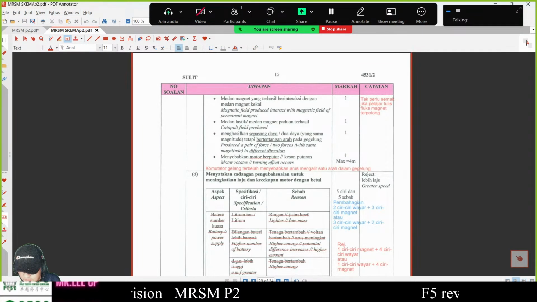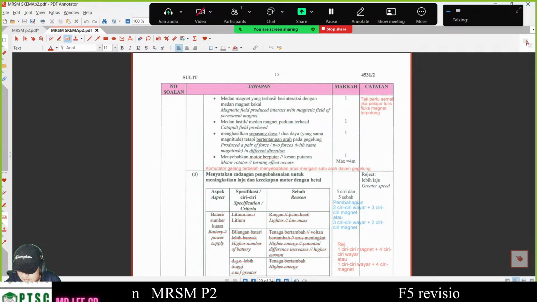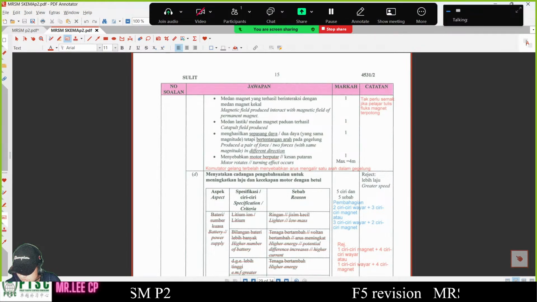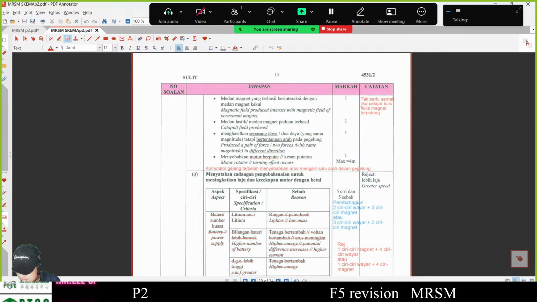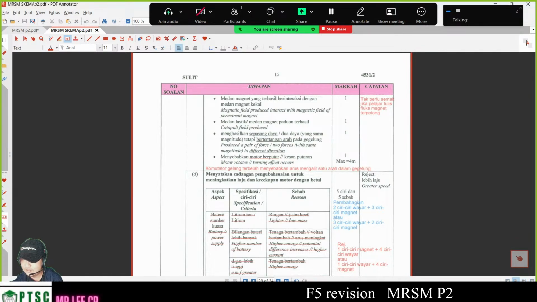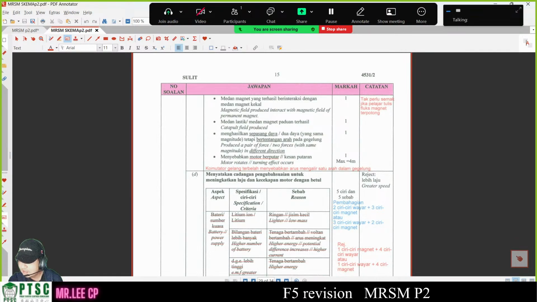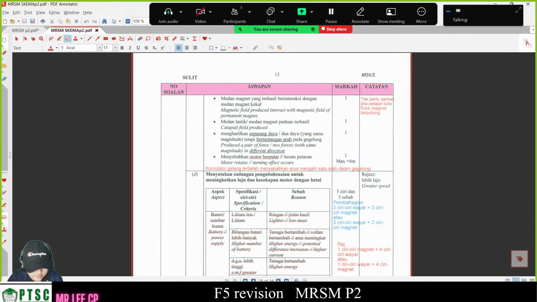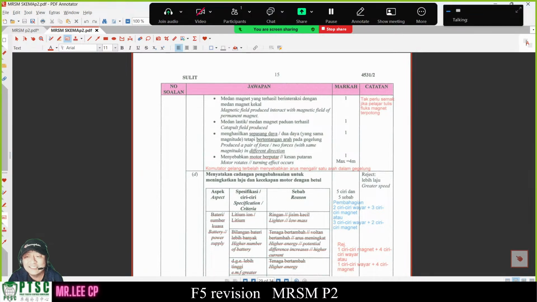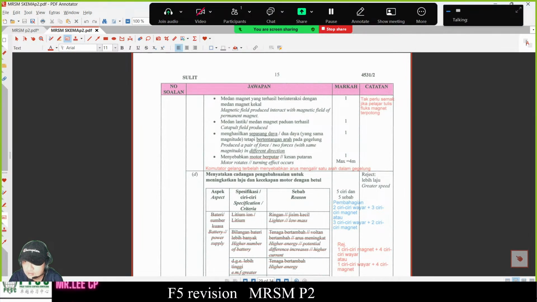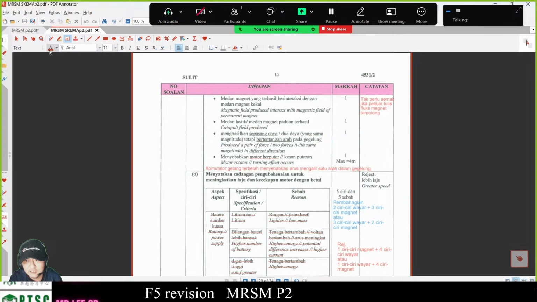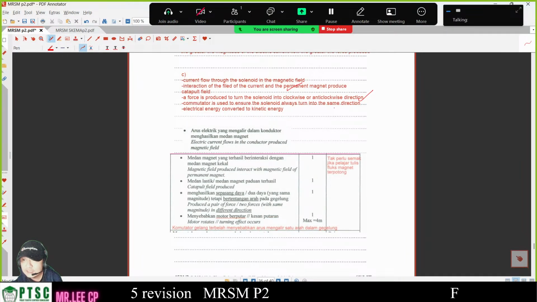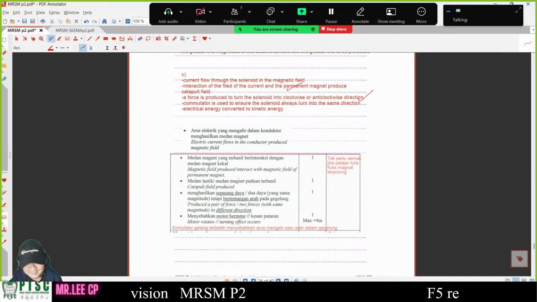The commutator, split ring, causes current to flow in one direction in the coil. The marking scheme says there is no need to check if the student writes magnetic flux cut. Magnetic flux cut, you write here, no need. You are going to have the wrong idea. This is nothing to do with magnetic flux. So 4 marks, I get 2 marks. This is what I have.